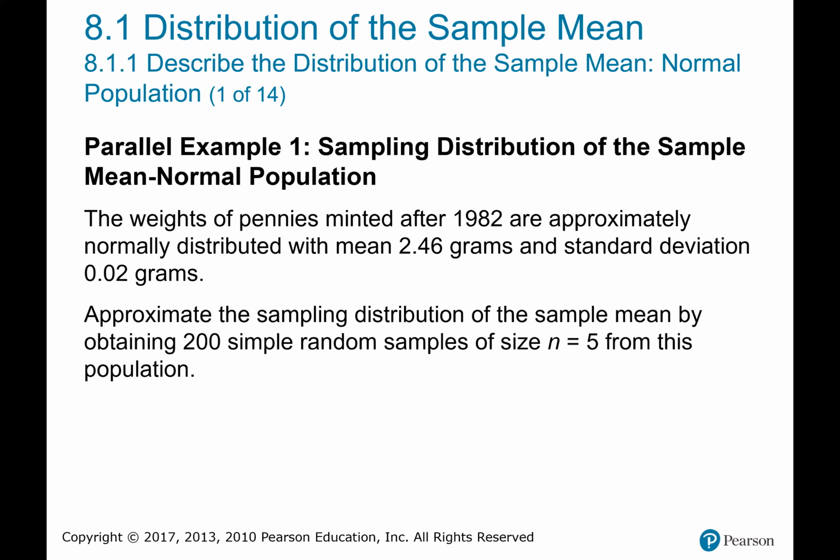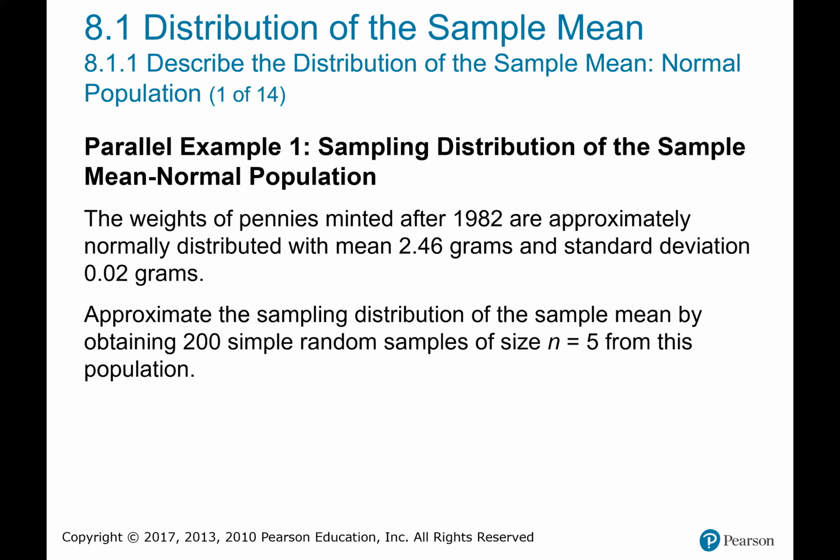What I'm asking for is to approximate the sampling distribution of a sample mean by obtaining 200 simple random samples of size n equal to 5 from this population.